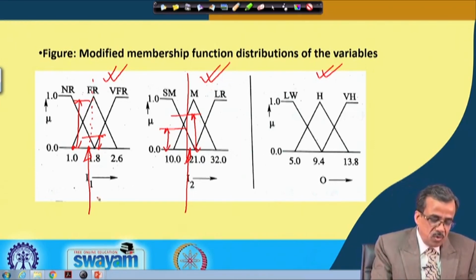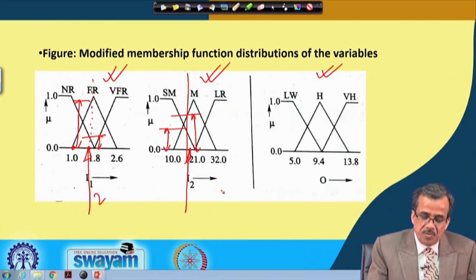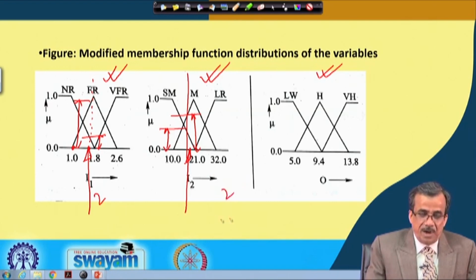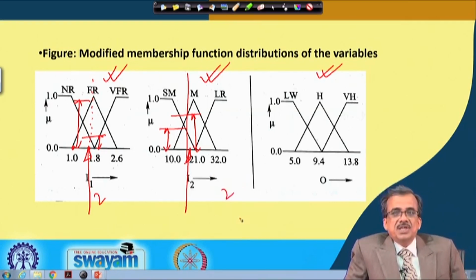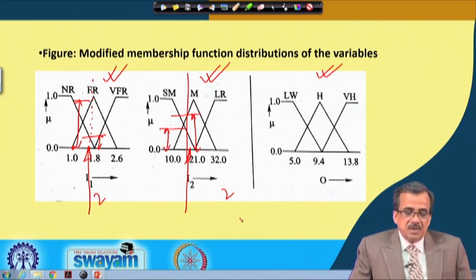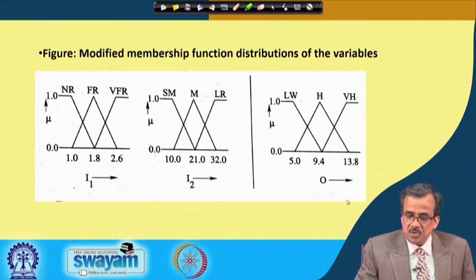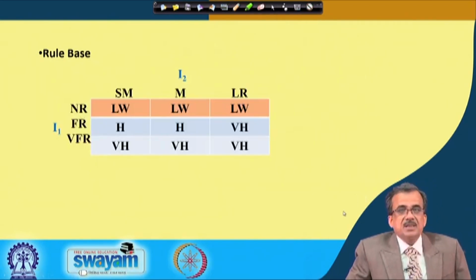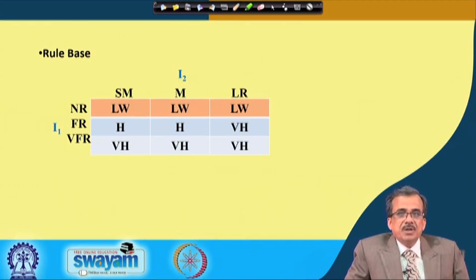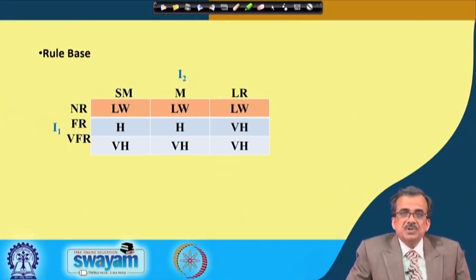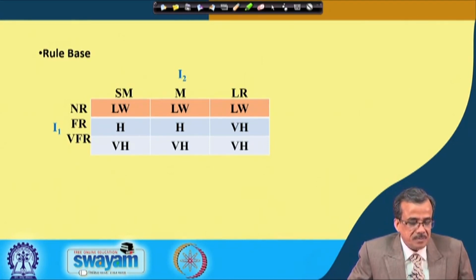So, here there are two mu values, here there are two mu values. So, 2 multiplied by 2, there is a maximum of 4 fired rules, and using those fired rules, we will have to find out the fuzzified output, and then go for the crisp output using defuzzification.